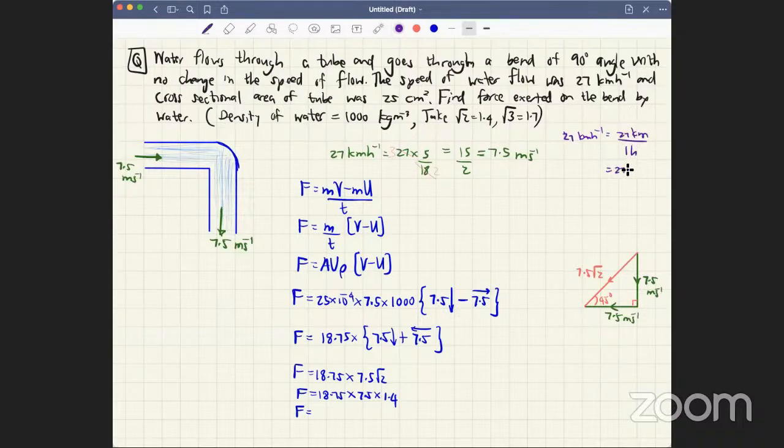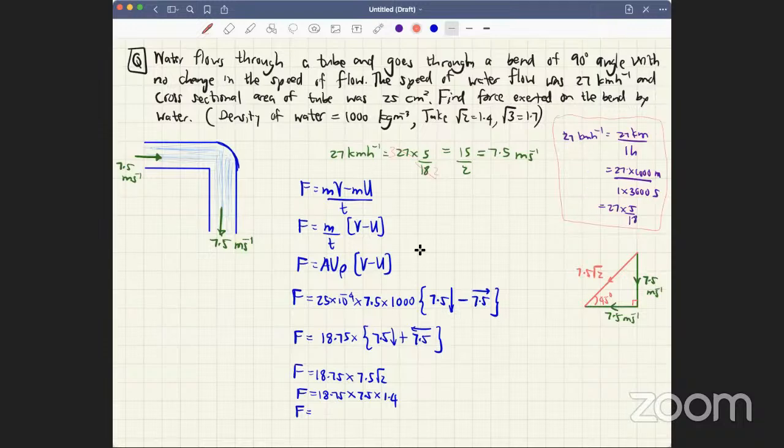So that is 27 into 1000 meters over 1 hour, which is 1 into 3600 seconds. So 27 into 1000 over 3600 is 5 over 18. That's how we got this. Simple. We have used that many times now. Or maybe you didn't join the class at the beginning, I don't know. So if you use 5 by 18, it's very convenient.